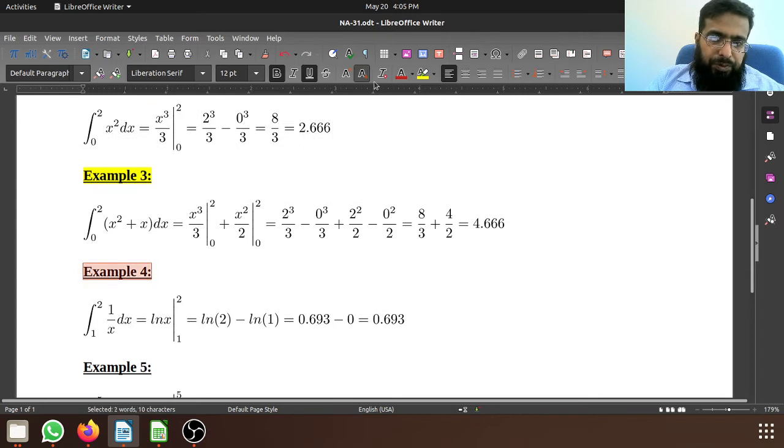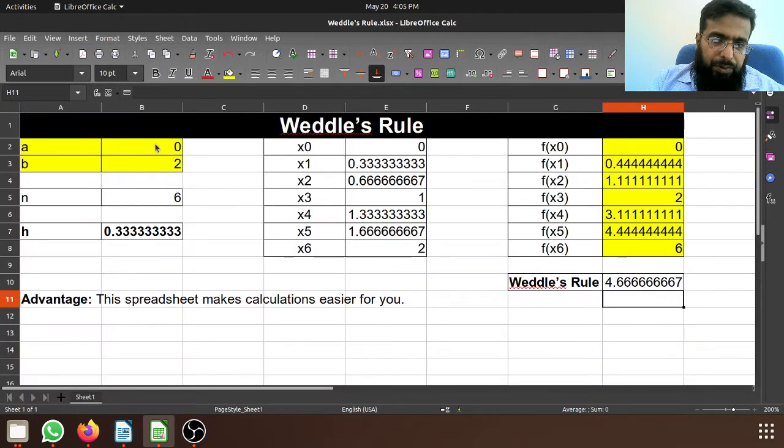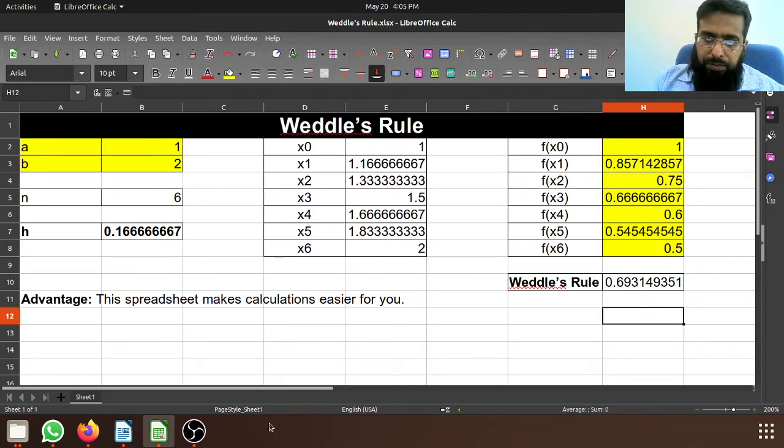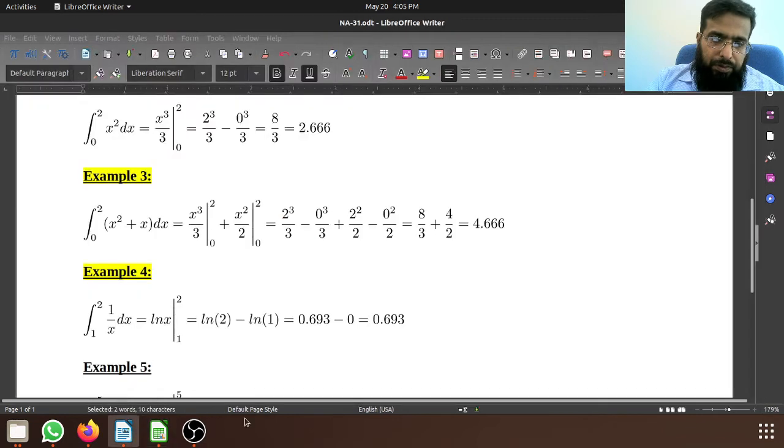Example number 4, 1 over x, limits from 1 to 2. f of x is 1 over x, so this is 1 divided by this x, and if we copy this formula for all cells, the answer is 0.693, and the exact answer is also 0.693.